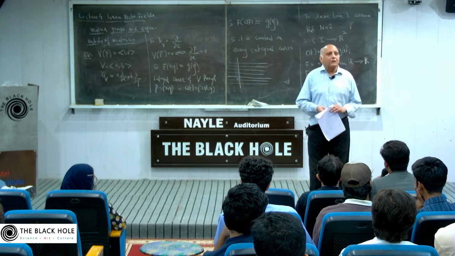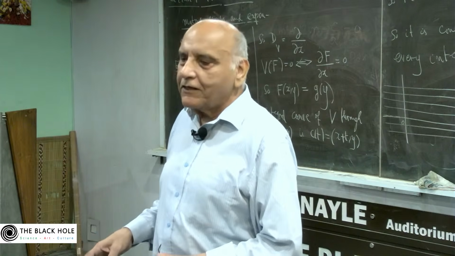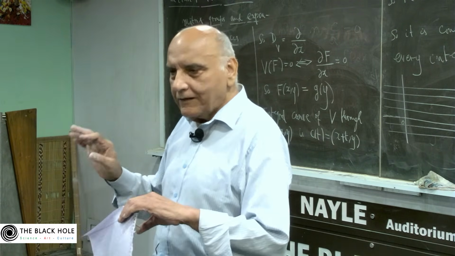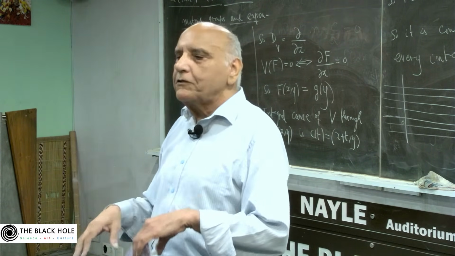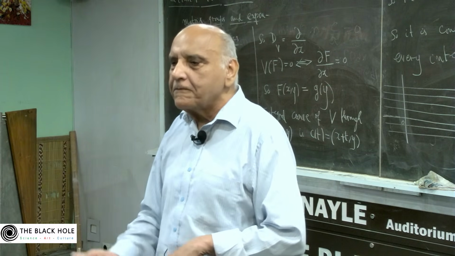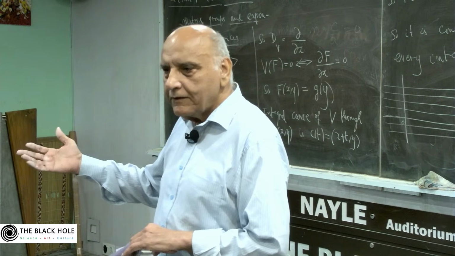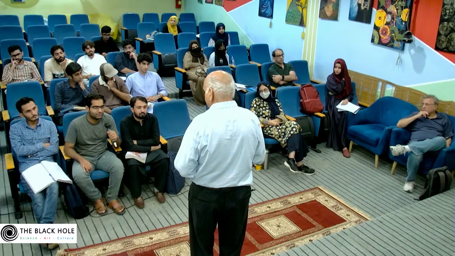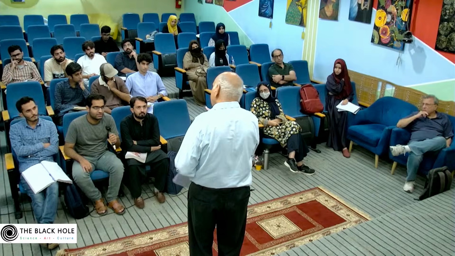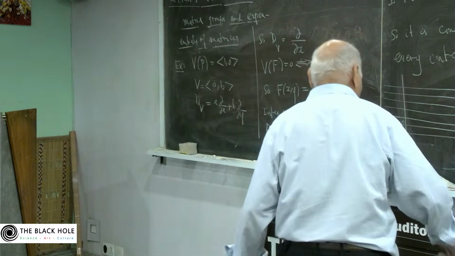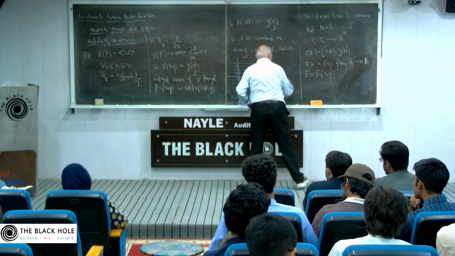For commuting fields, if they are linearly independent at a point, you can introduce coordinates so that the first field becomes partial by partial x1 and the second one partial by partial x2. But it's very important that they should be linearly independent. I give you a counterexample right now.